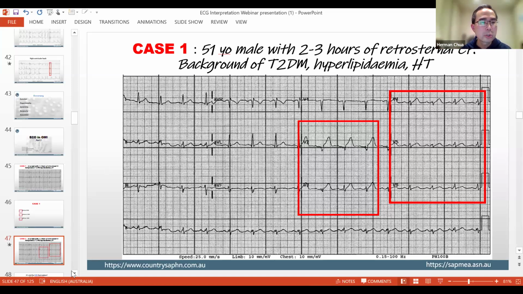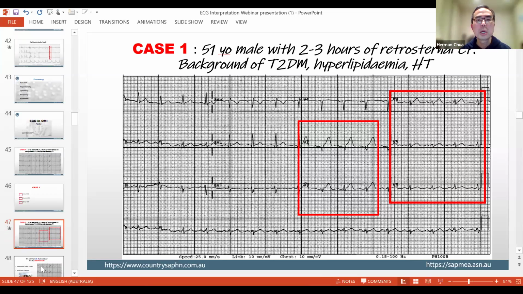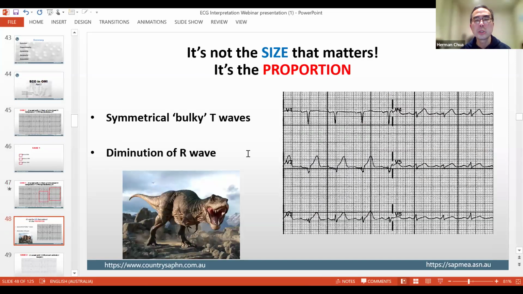So it's not the size that matters, it's the proportion. Notice the symmetrical, bulky T waves. The R wave has essentially disappeared. Look at how it's nearly non-existent in V4.